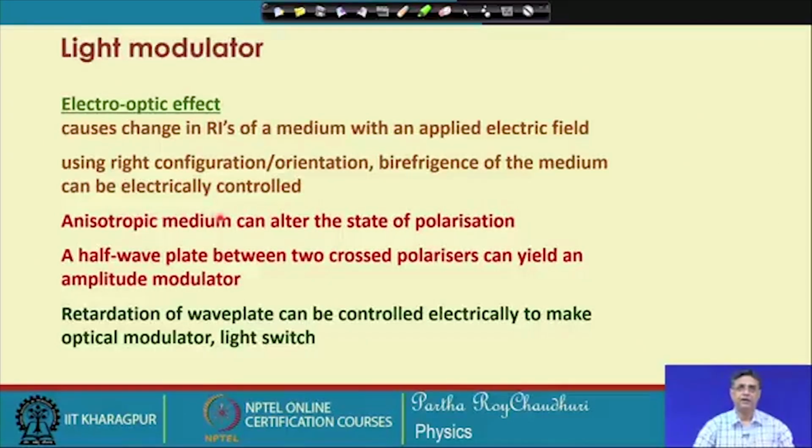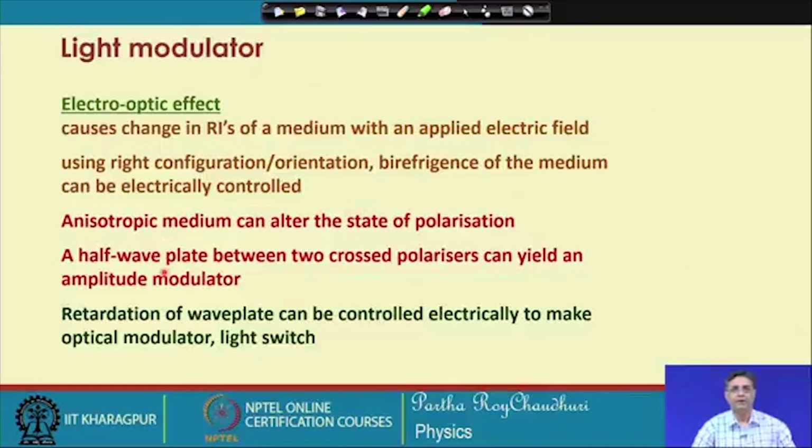In the case of anisotropic medium, this electrically controlled anisotropy may alter the state of polarization of the electromagnetic wave that is propagating through the medium.